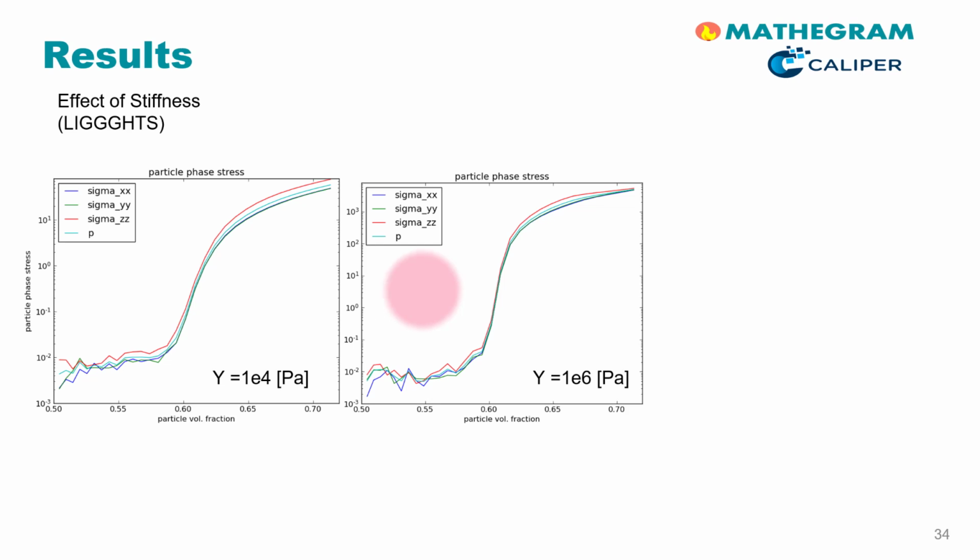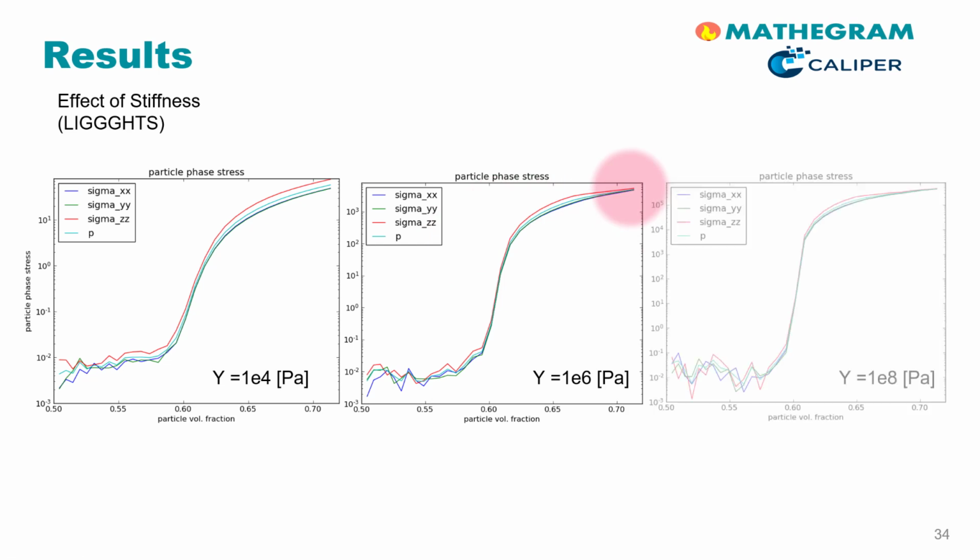The differences between the normal stresses at the highest stress levels appear to be smaller. In the right panel, we summarize results from our stiffest particles. Also here the behavior is qualitatively the same, but of course the stress level is again approximately 100 times larger than in the center case.